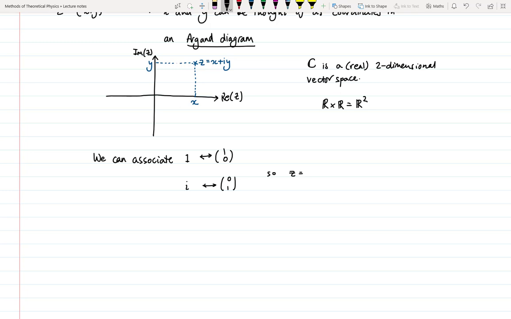And in this picture we can then write the complex number z equals x plus iy as a vector with x component x and y component y. This will remind you of Cartesian coordinates.